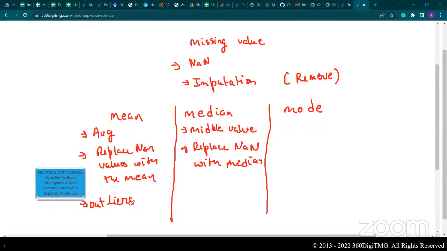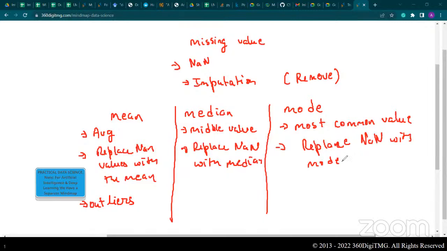So sometimes we prefer using median over mean. The third one is mode, the most common value. So we replace NaN values with the mode.